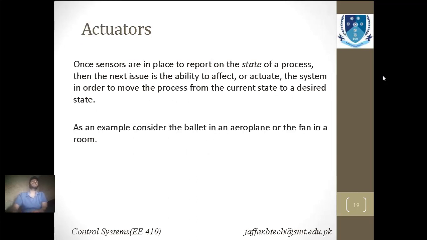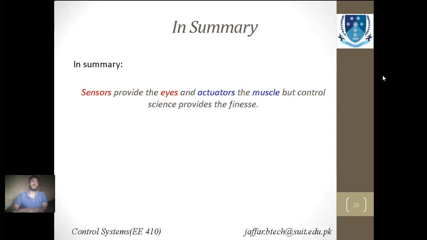Actuators are, as I have already told you, the machines or the part of the machine that reacts to the readings of the sensors. So this is basically known as actuators. And in good control systems, this is the layout, or in short, sensors provide the eyes and actuators are the muscle, but the control side provides the fineness.